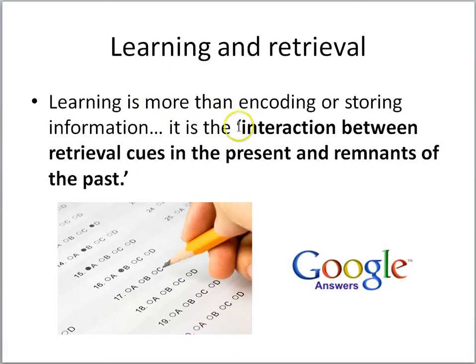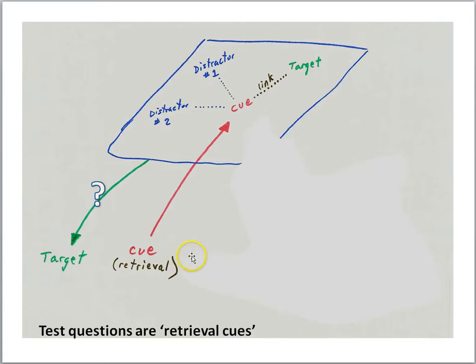So learning is more than encoding or storing information. It is the interaction between retrieval cues in the present and remnants of the past. So consider then, when you take a test, questions are retrieval cues. We want the test question to be able to activate the target.